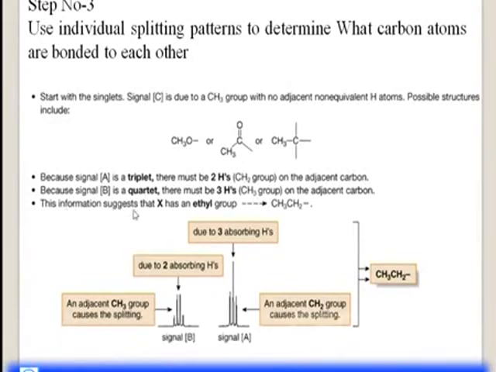This information suggests that X has an ethyl group, CH3CH2. An adjacent CH3 group causes the splitting of the two absorbing protons, so a quartet is seen for signal B, and the adjacent CH2 group causes the splitting of the three absorbing protons, concluding that there is an ethyl group.